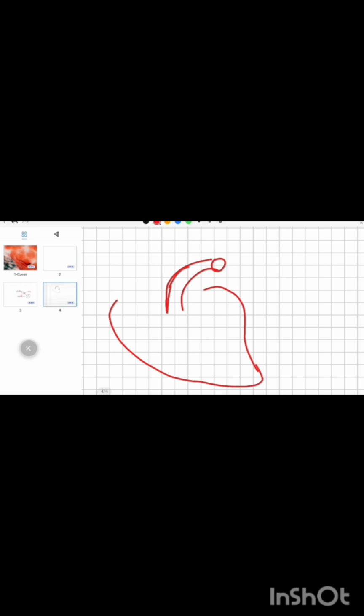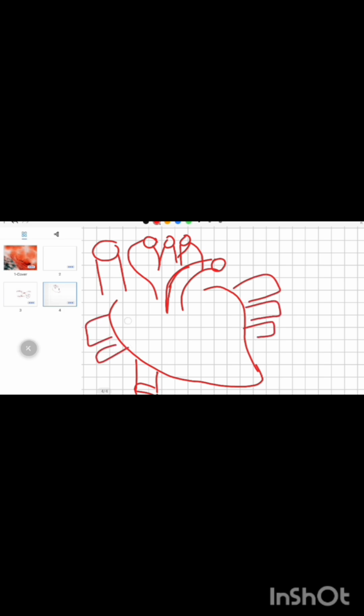This is pulmonary aorta, and this is systemic. And here we have the superior vena cava, the inferior vena cava, the pulmonary veins, and this is the right atrium, right ventricle, left atrium, and left ventricle.